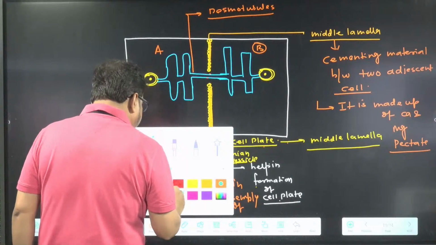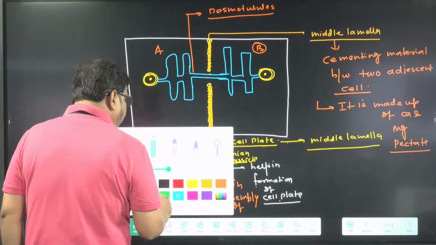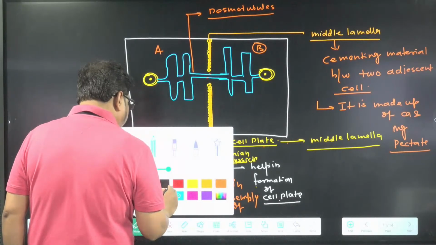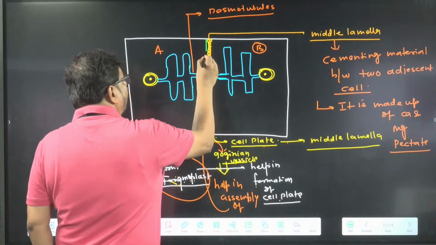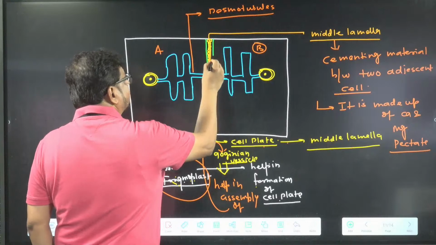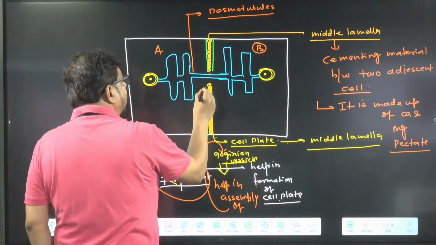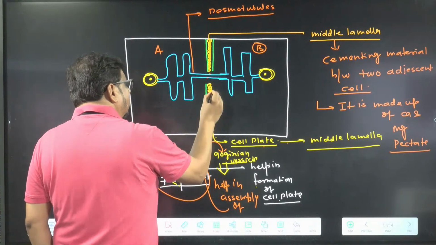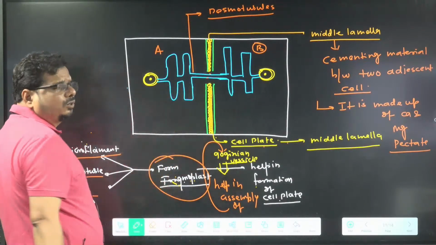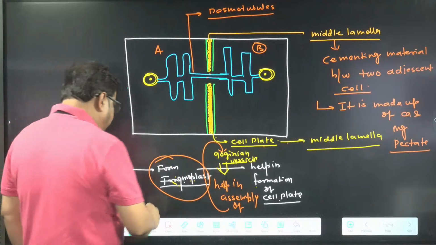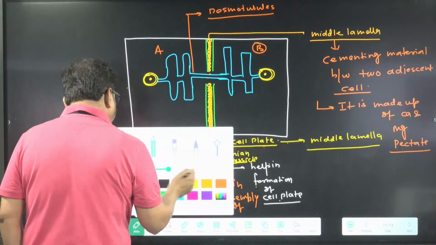Later on, on the inner side of the middle lamella, on both sides, formation of primary cell wall occurs. Here also primary cell wall, primary cell wall. So the middle lamella is common between two cells. On the inner side of the middle lamella, primary cell wall forms.